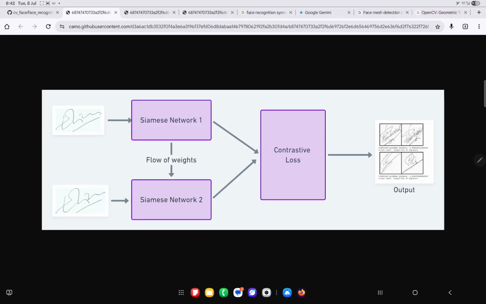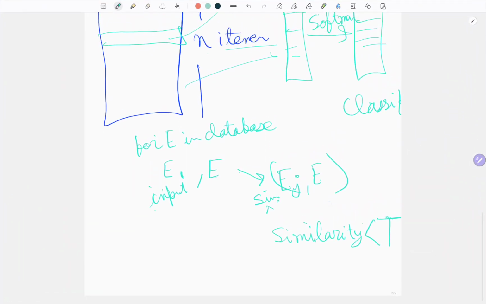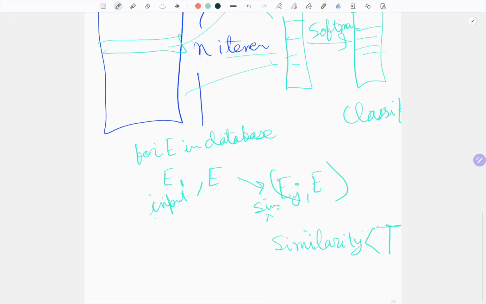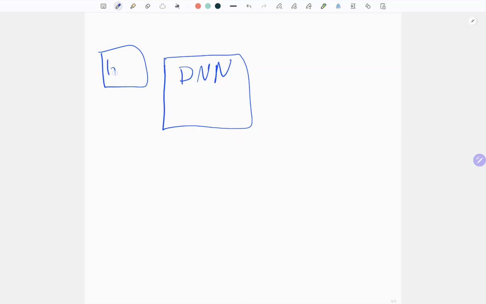In practice this is done more like this. We have a DNN model, we have image 1 and image 2.